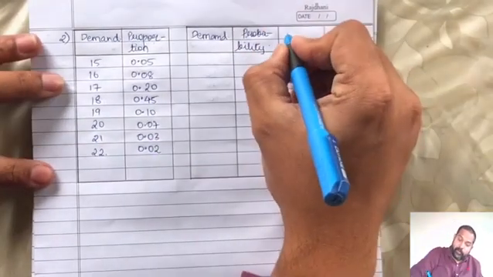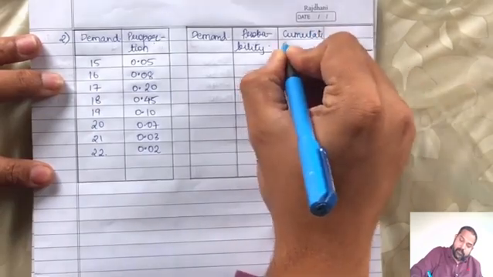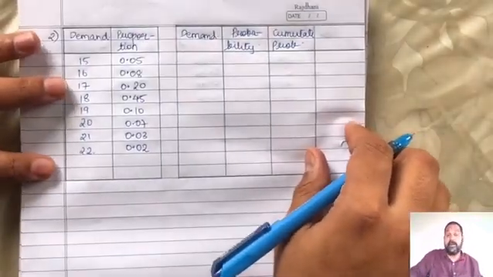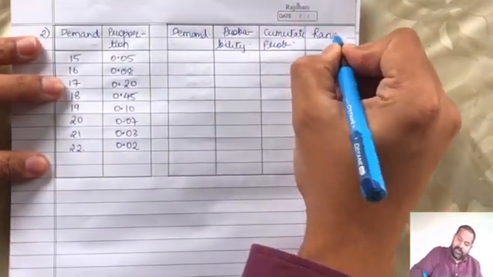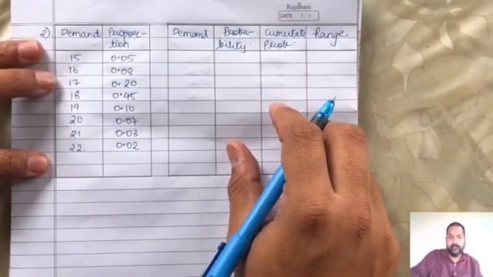After that, I am going to cumulate the probability or find a cumulative probability, and at the end of it, create a range out of the cumulated probability.